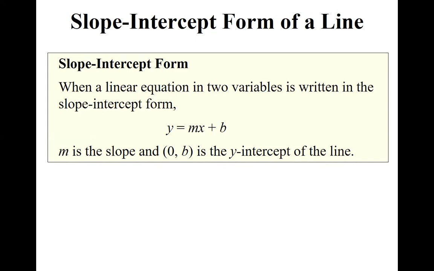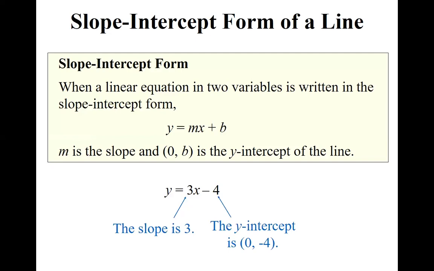But when we have the equation solved for Y and it falls in the form Y equals mx plus b, we already know that b, the thing that's added or subtracted at the end, is the y-intercept. But m is the slope.